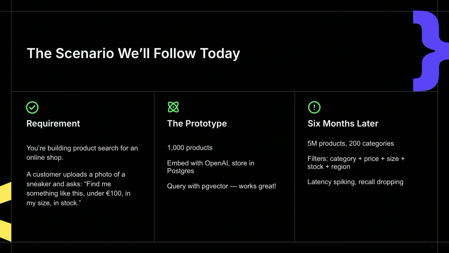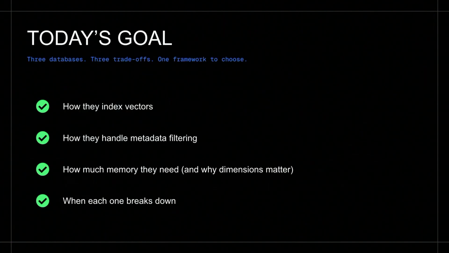So that's the question that we are going to answer today. So my goal is to talk about 3 databases, 3 trade-offs, and 1 framework to choose from them. So I'll be talking about how these databases index vectors, how they handle metadata filtering, and how much memory they need, and when each one of them breaks down.